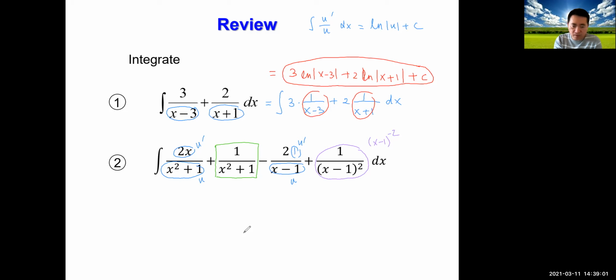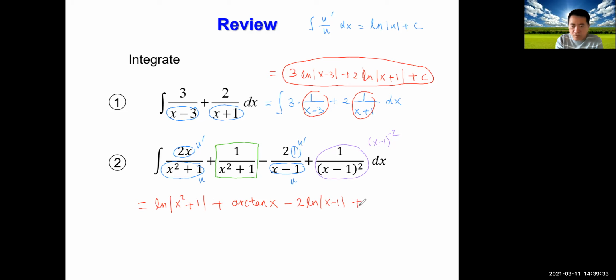So from here, now I can integrate term by term. The first one is u prime over u, so it's the natural log of the absolute value of x squared plus 1, plus the arctangent of x. The third term, the same thing, 2 times the natural log of x minus 1.